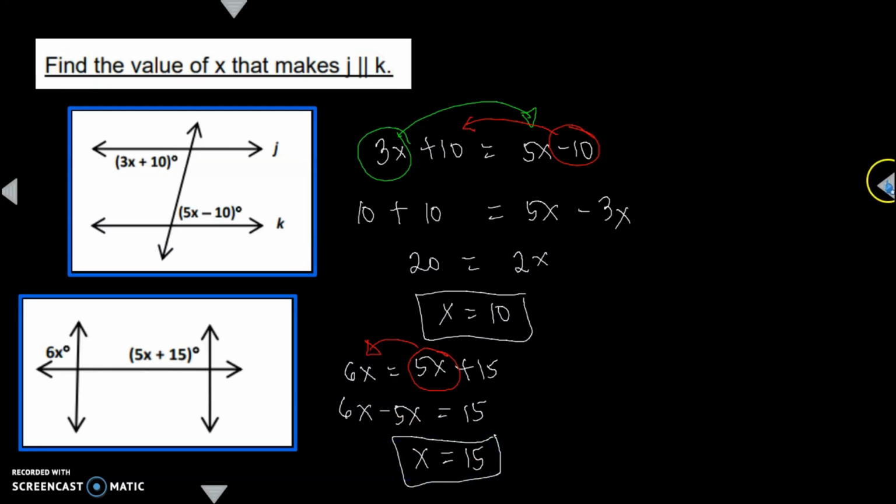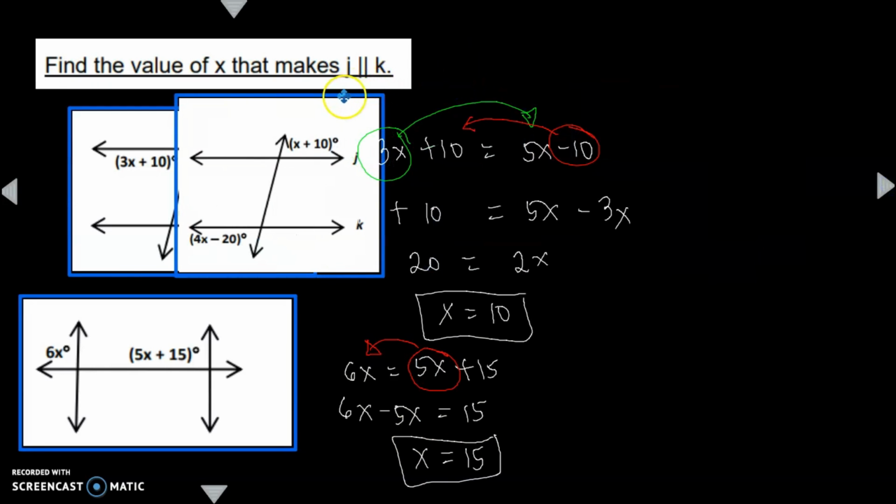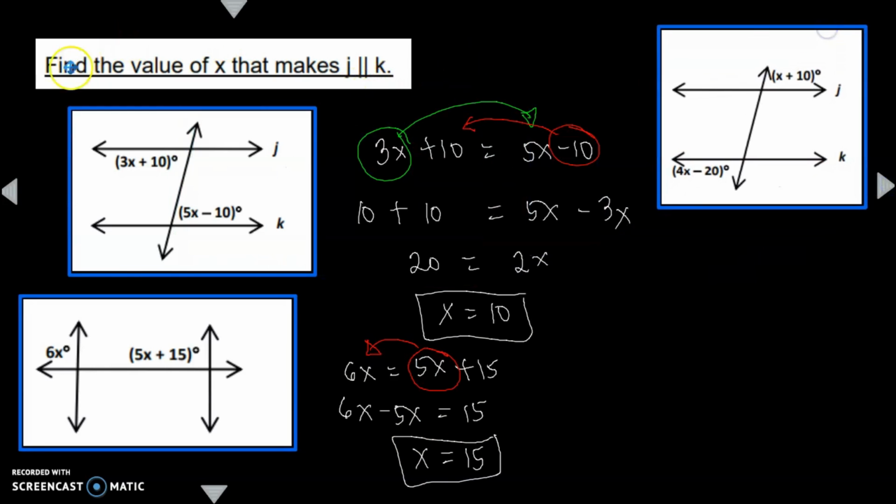And the third example we have, this time, what kind of angles are these? These are alternate exterior angles. And alternate exterior angles are congruent, so we still equate the two measures. And then we have to decide which term will you transpose. So for the term with the variable x, it's 4x to the left and negative 20 to the right.